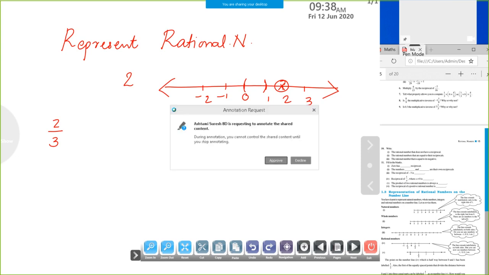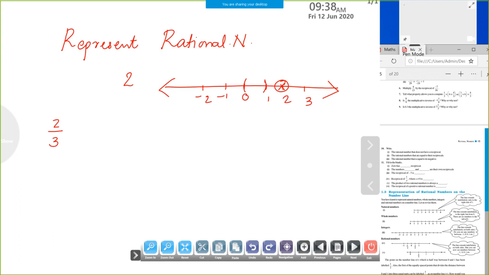So, how do we locate the number 2 by 3 on the number line? Please listen carefully here. It's very simple if you listen. I mark from 0, since this is a positive number. Now, I need 2 by 3, so I give equal intervals, or equal width, and mark on the number line.